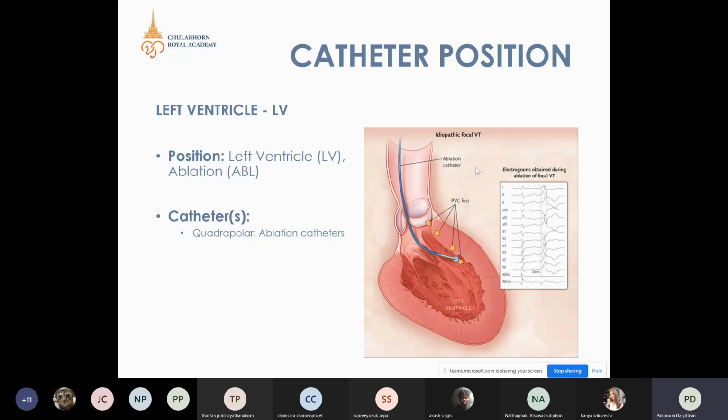Whenever the doctor needs to go to the left ventricle, that means the doctor needs to ablate some abnormality inside the left ventricle, for example PVC, premature ventricular contraction that is generated from the left ventricle.